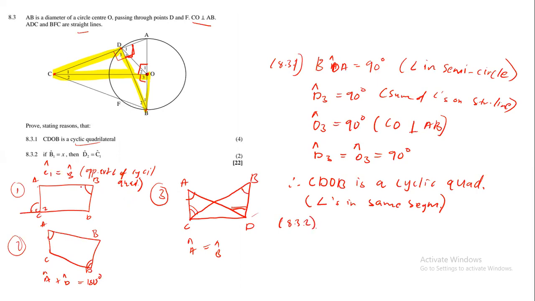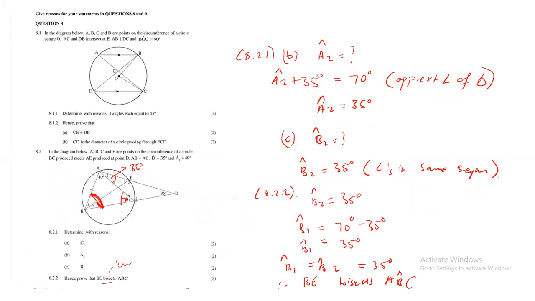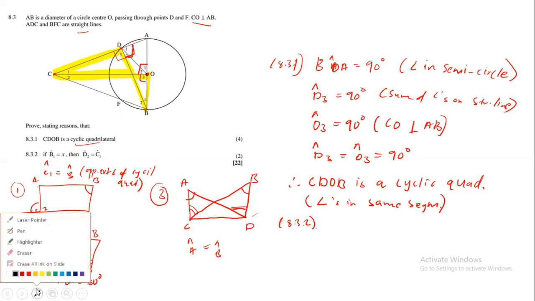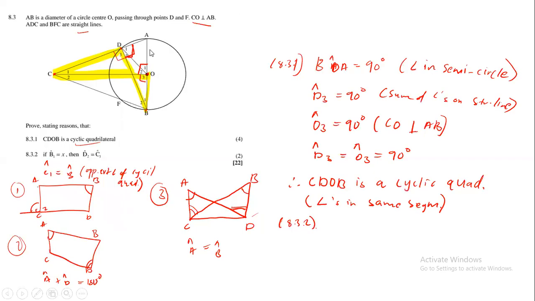8.3.2, where it says, prove, stating reasons, that if angle B1 is equals to X, then D2 is equals to C1.